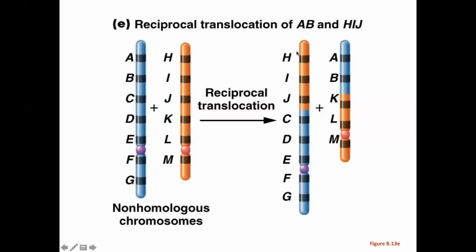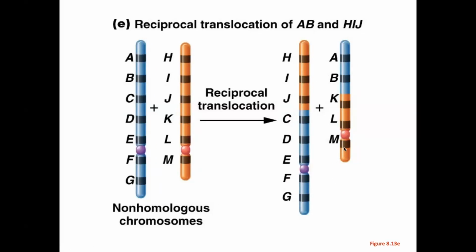So you see the HIJ region, originally present here, is now on the blue chromosome, and the AB region, again originally present here, is now present on the brown chromosome. So reciprocal or non-reciprocal, both of these types of translocations can have or result in phenotypic consequences, and we'll talk about them as we go along.